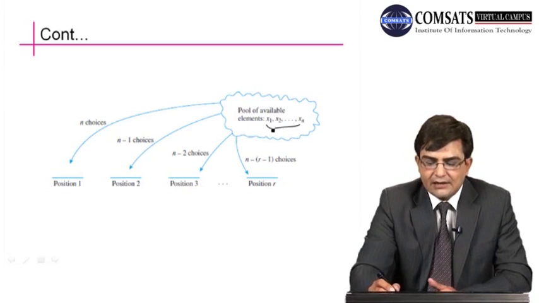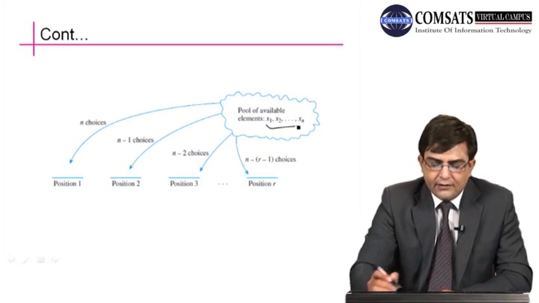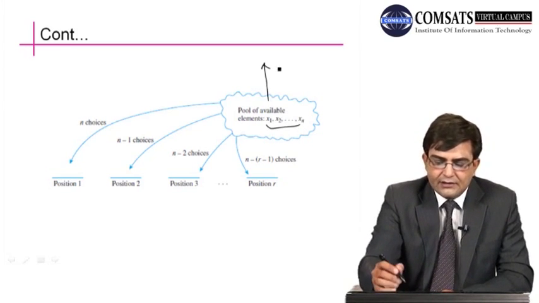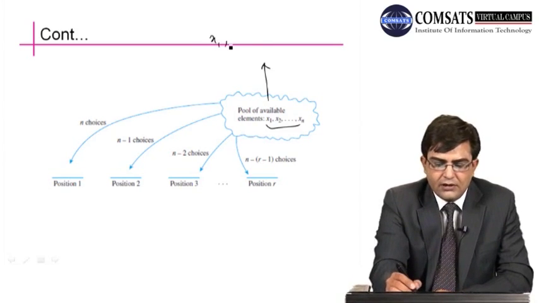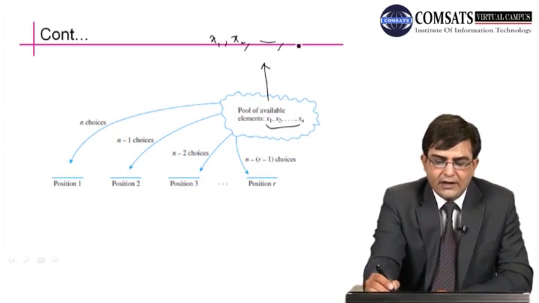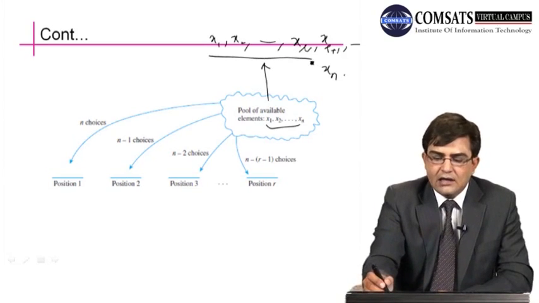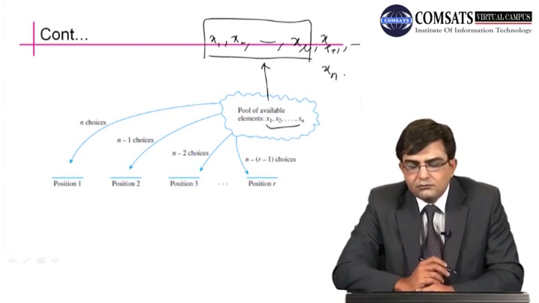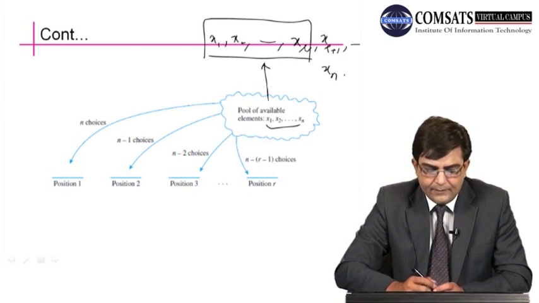Then the r elements out of these will be x1, x2, up to xr, and xr plus 1 up to xn, because we suppose these are the first r elements here.